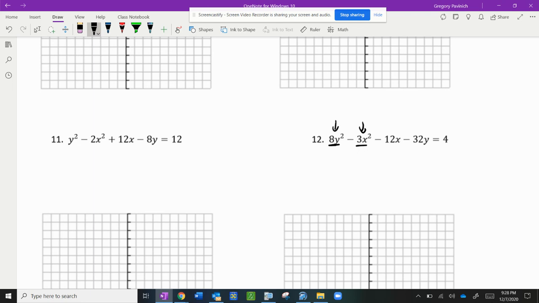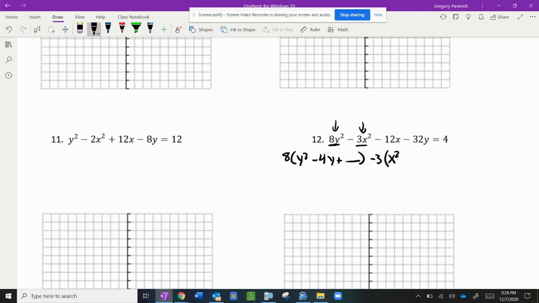So here I'm going to pull out my 8 with my y, but it's got to lead because it's the positive one. 8 times 4 is 32. But I also, on my x, have to pull out a -3. No matter what, you have to at least pull out the -1. If it was just a -x squared, I'd have to pull out a -1. Remember, it's got to be a positive 1x squared or a positive 1y squared.